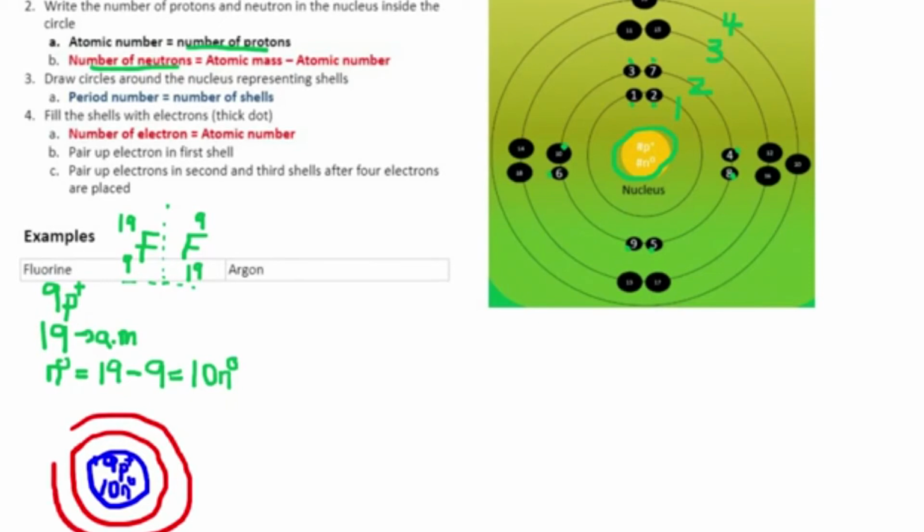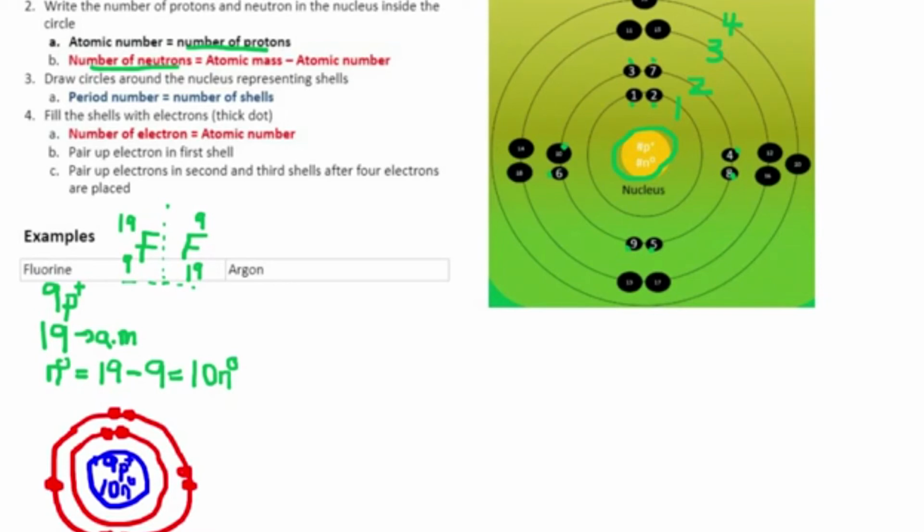Once we do that, we add our electrons. We start with 1, 2, then next is 3, 4, 5, 6, 7, 8, and 9.